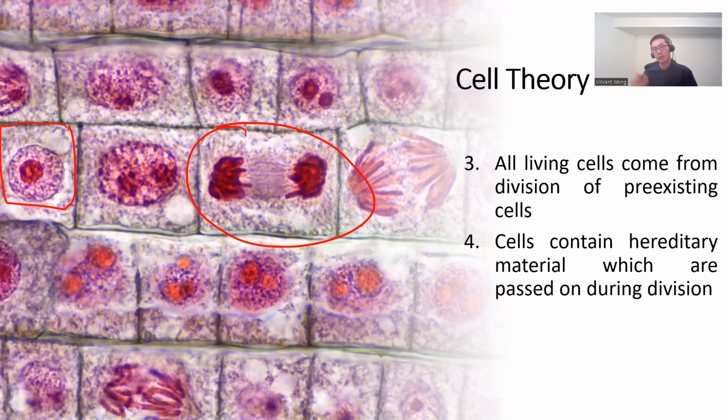We'll learn about the division process again in lecture 7 or 6, one of those. Last part of the cell theory, cells contain hereditary material. These are the genetic material, the DNA and the RNA, and this genetic material is gonna get passed on to the next cell when they divide. So that's the 4 parts of the cell theory.